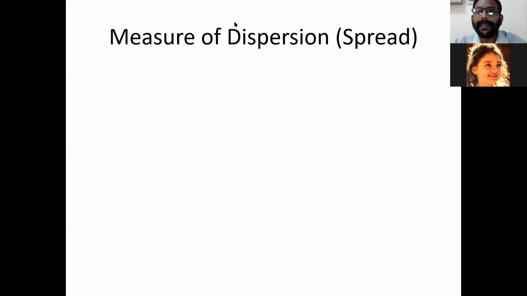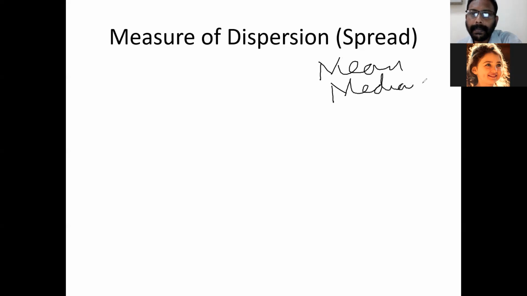What are the measures of central tendency? Mean, median, and mode. These are the three measures of central tendency.